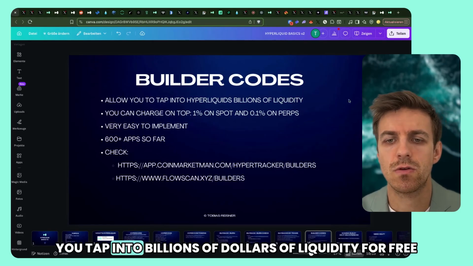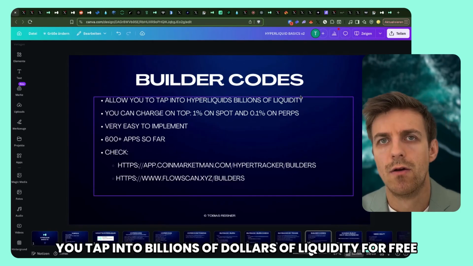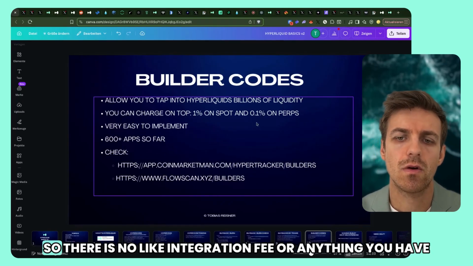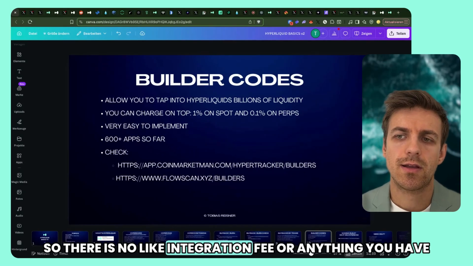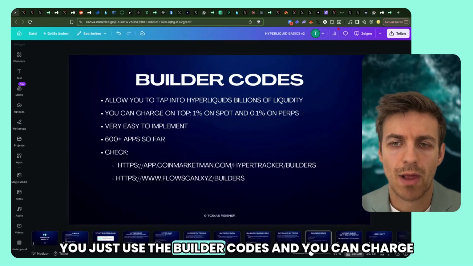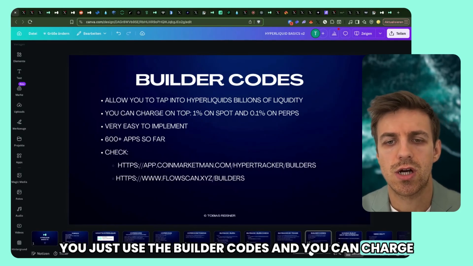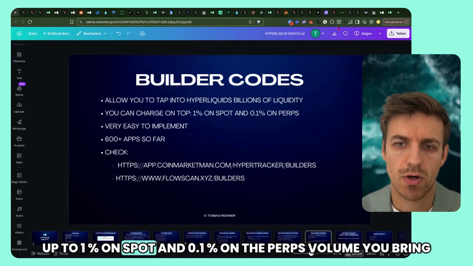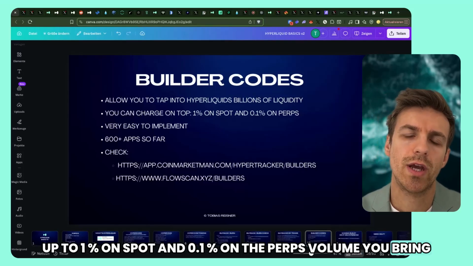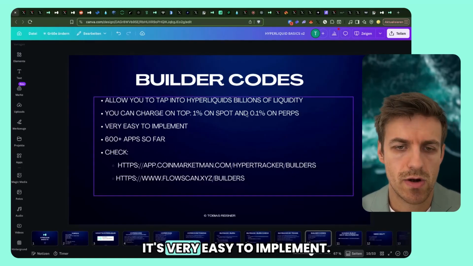You tap into billions of dollars of liquidity for free, and you even get to charge on top of it. There is no integration fee you have to pay to Hyperliquid. You just use the builder codes and you can charge up to 1% on spot and 0.1% on the perps volume you bring to Hyperliquid. It's very easy to implement.